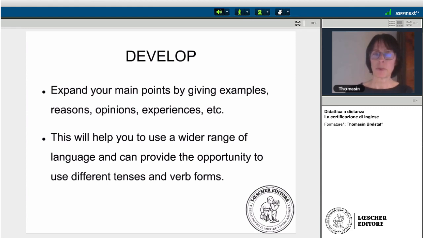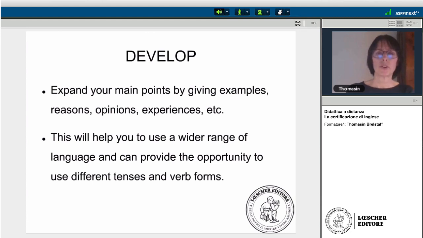And you can do this by giving examples, reasons, opinions, experiences, etc. If you think back to the point about the place I was recommending for a holiday, Sardinia, I'd already started to expand a bit there by thinking about the sea, the food, the people.